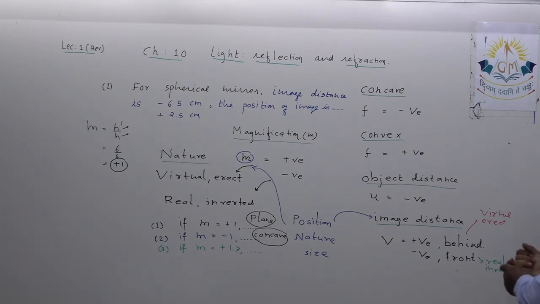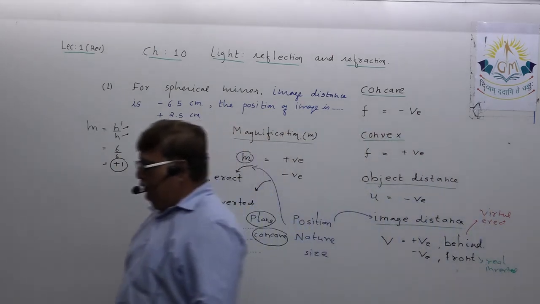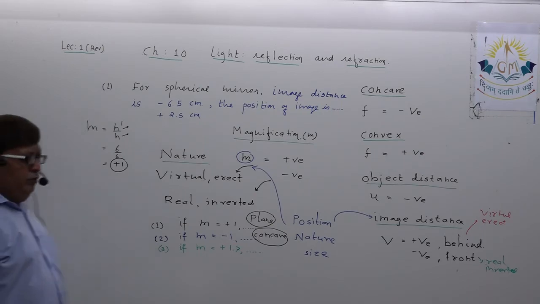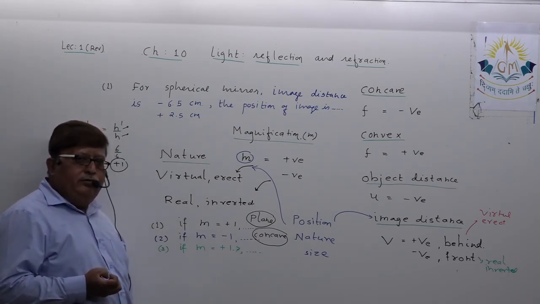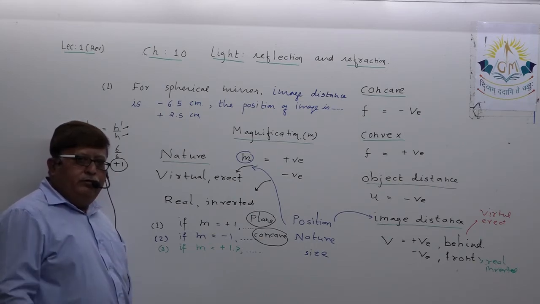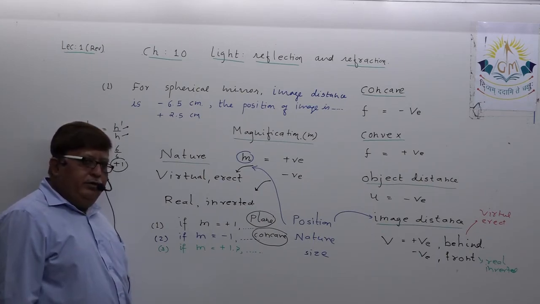I have already written m equal to plus 1.7, and I have asked you what could be the type, nature and size of the image and which mirror can produce this value of magnification or the type of the image which you can guess.